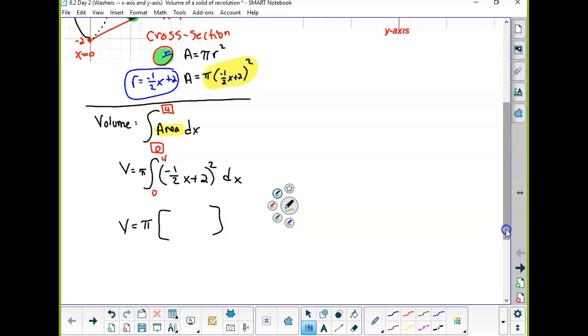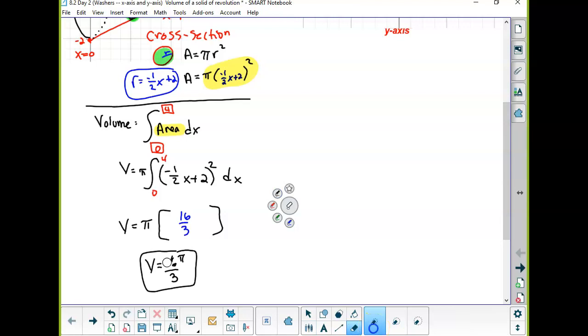And then turn that answer back into a fraction. You get 16 pi over 3.